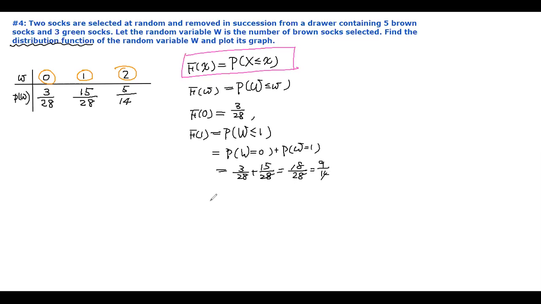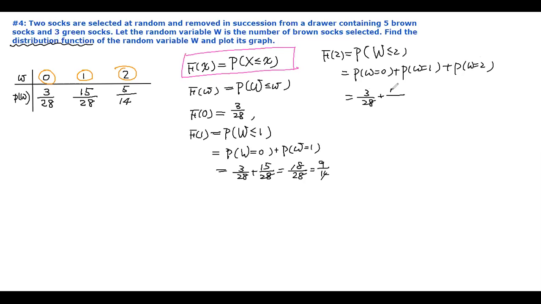Now I can do F of 2, the probability W is less than or equal to 2. That means W equal to 0 plus W equal to 1 plus W equal to 2. So it's 3/28 plus 15/28 plus 5/14. What do we have here? We have 1.